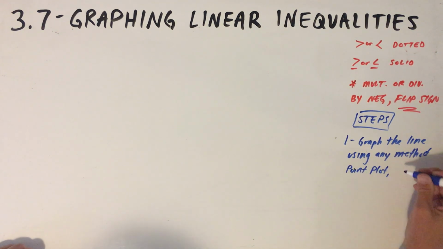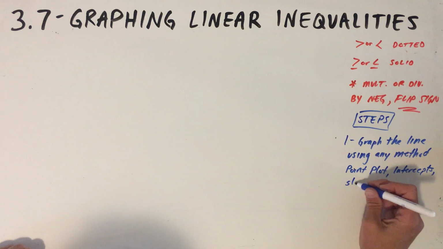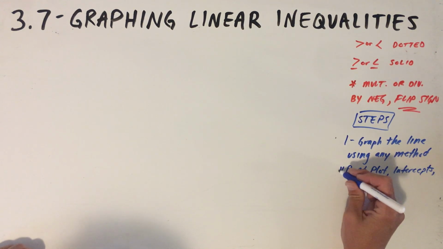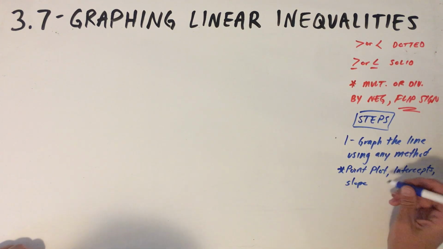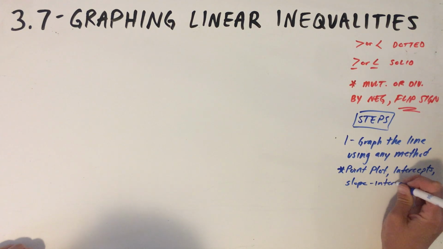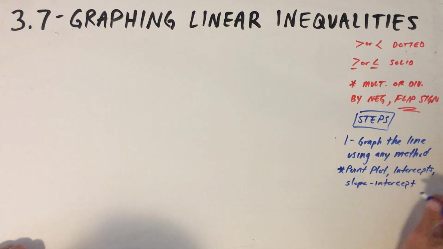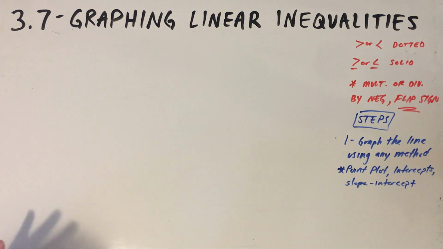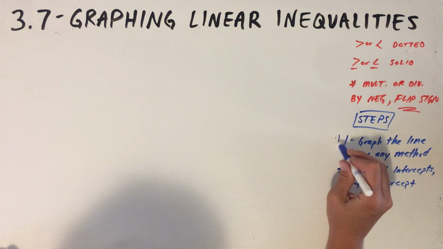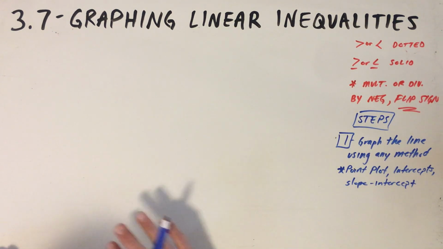If it's easier for me, I can use the intercepts. And if it's easier for me, I can use slope-intercept form. Okay, so I can use any of these forms. Doesn't matter. I'm just going to graph the line. Again, the line doesn't change regardless of whether there's a greater than, less than, equal to, whatever.